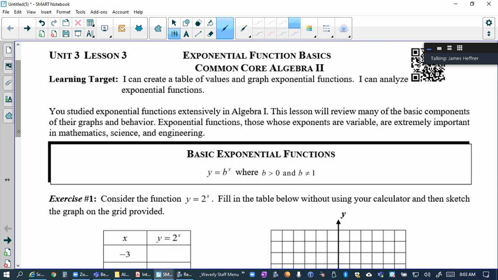So we have an exponential function here, basic form y equals b to the x. And notice they say here that b is greater than 0, whatever number it is, and b is not equal to 1. Okay? Because if it's 1, then really all you have is a straight line, isn't it? Because 1 to any power is just 1, yeah? But what about b greater than 0?